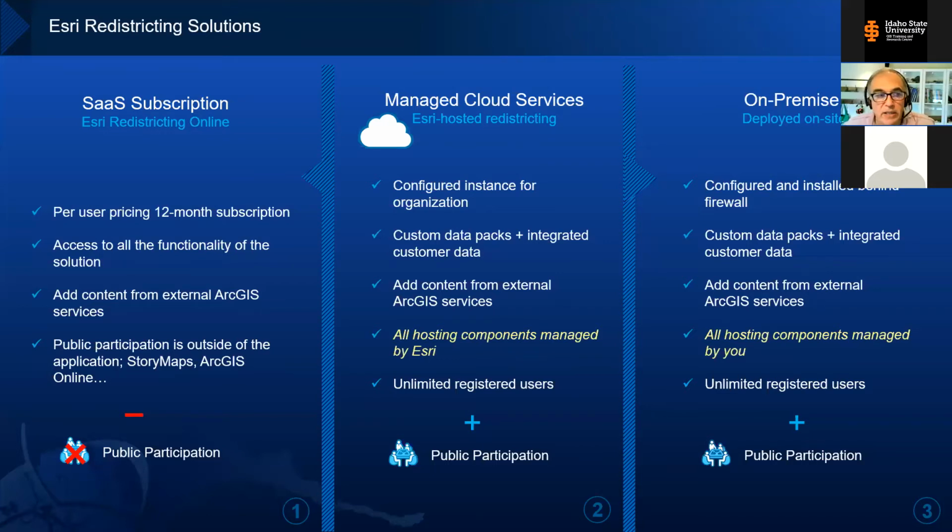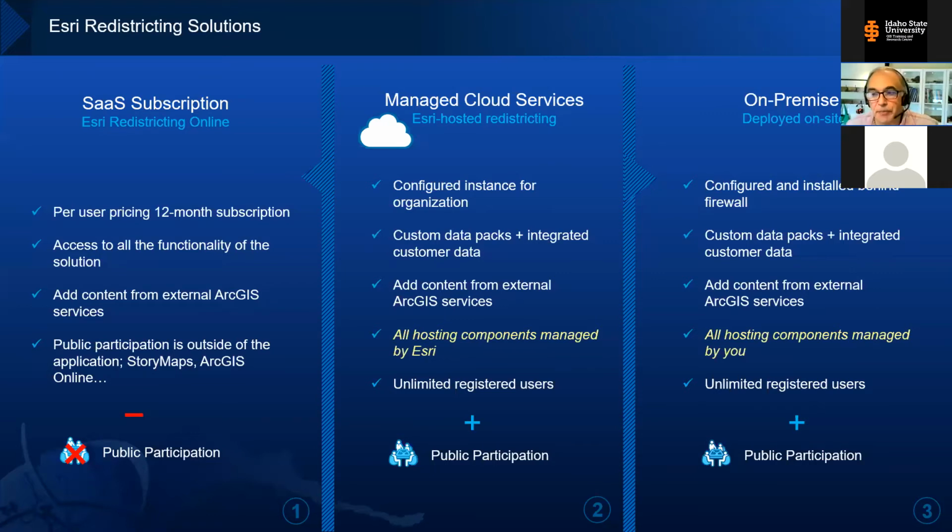The one thing that those two options have is that you can have a component that is used by the public actually participating in developing their own plans for redistricting and submitting those into the system. So that's one aspect of this technology which is not available to the SaaS deployed technology.